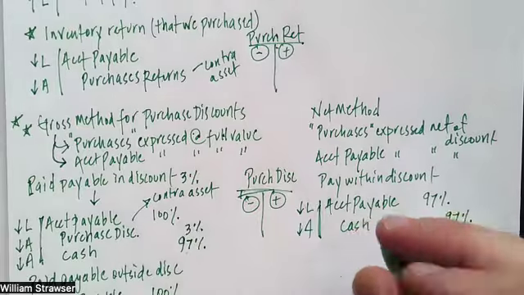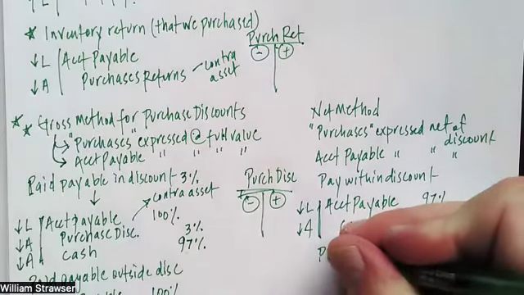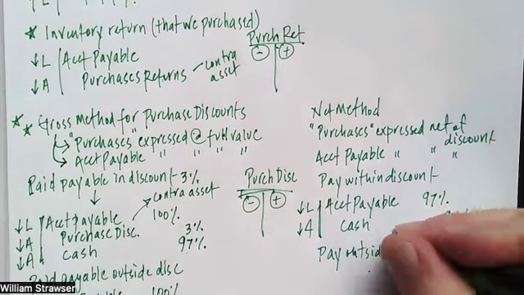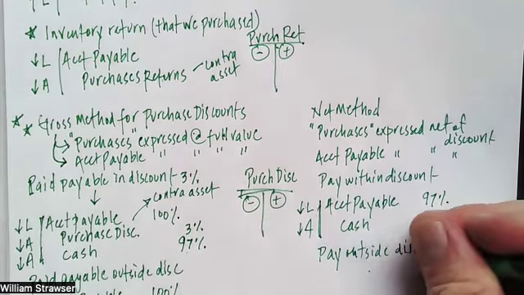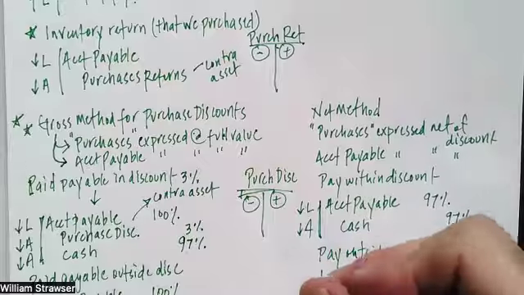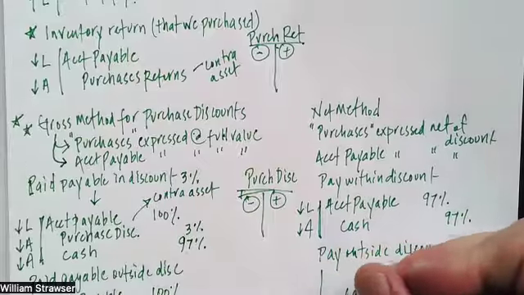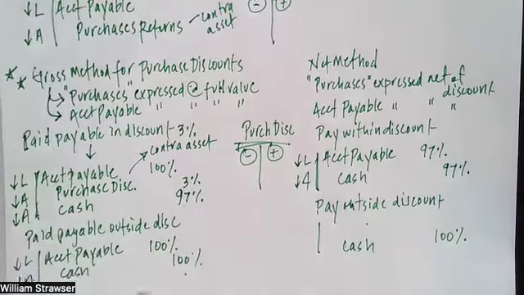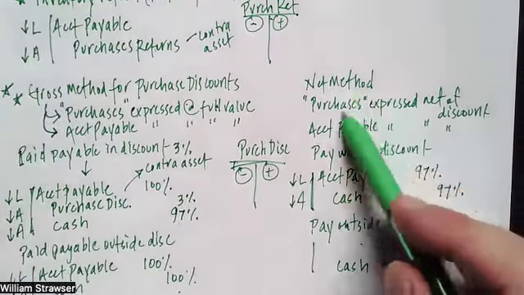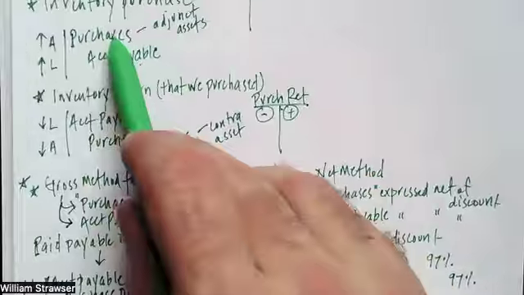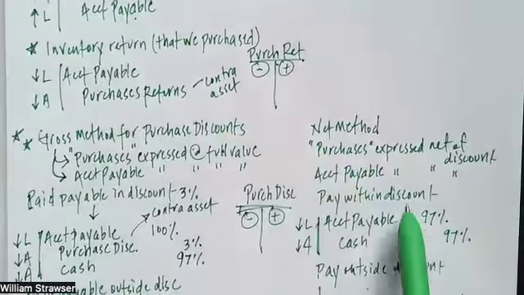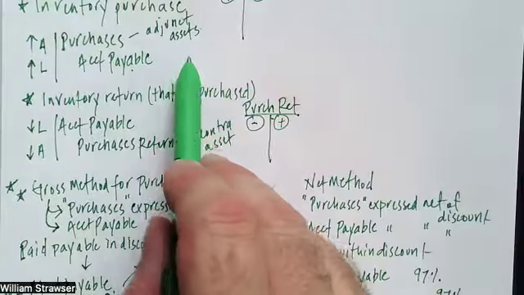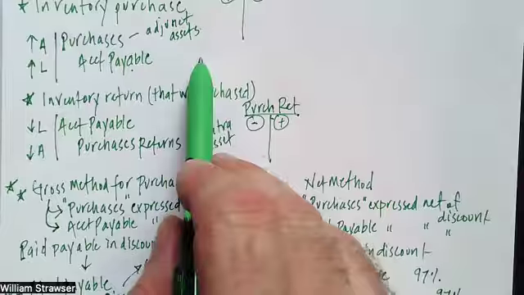But when we pay outside the discount, then we have an issue because if we're paying outside the discount, the amount of cash we pay is going to be for the full price of the item. And the problem inherent in that is because we're using the net method, when we made this entry, we recorded the purchases at 97% net of discount, the payable at 97%.